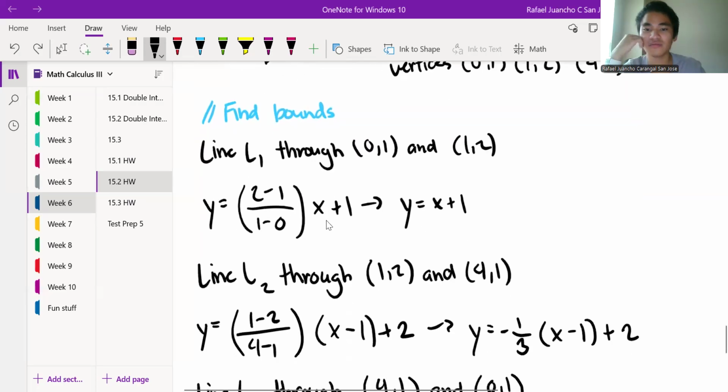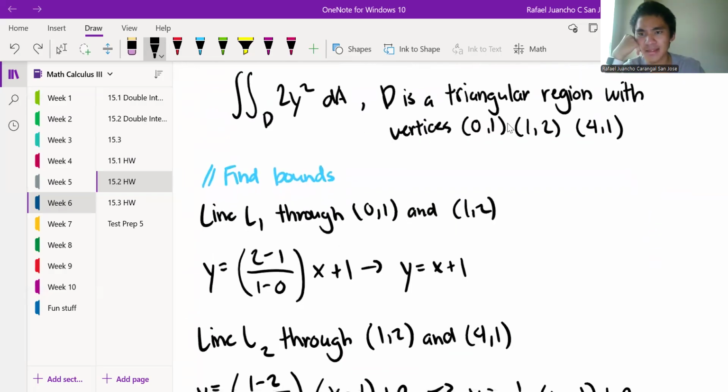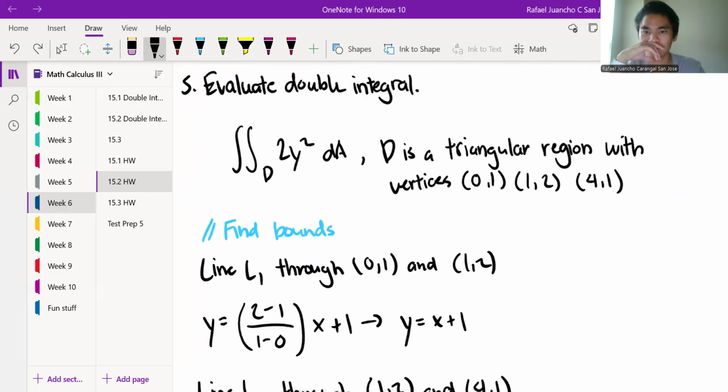Oh, so 0, 1 to 1. Hmm. Wait. Yeah, the idea is we want to analyze how this region will look like. That's the issue.